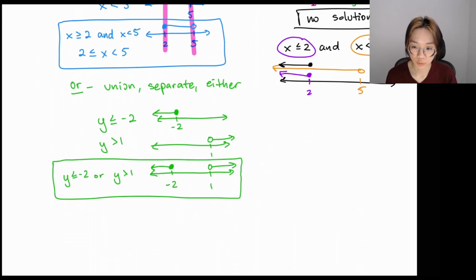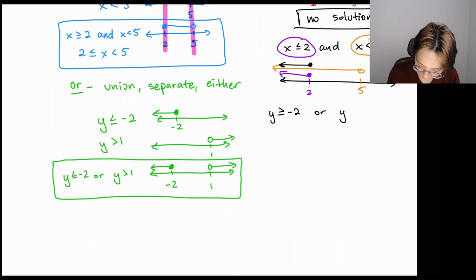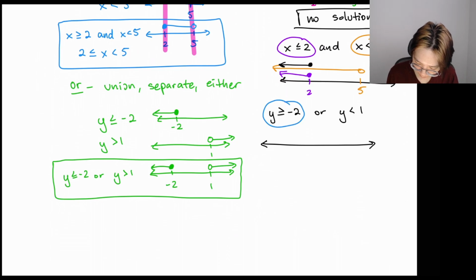Some special cases for or. If we have something like y is greater than or equal to -2, or y is less than 1, what happens if we graph that? If we have this, start graphing this one, so at -2, closed circle, greater than.